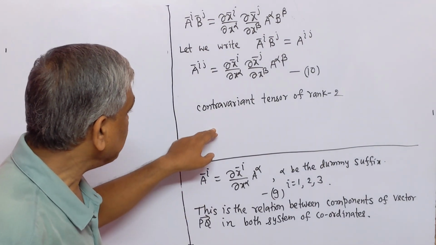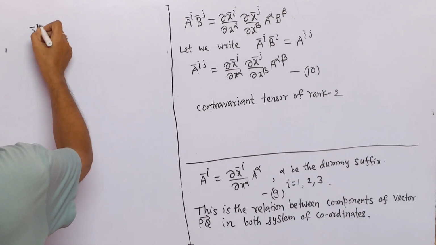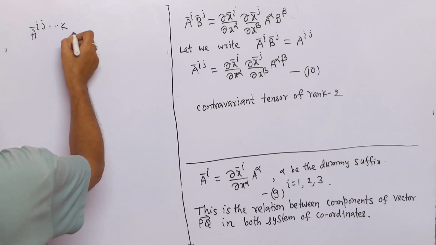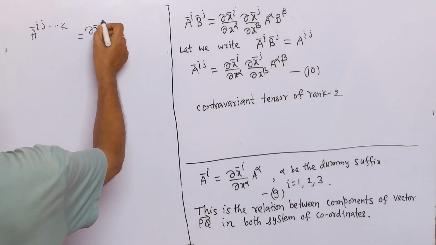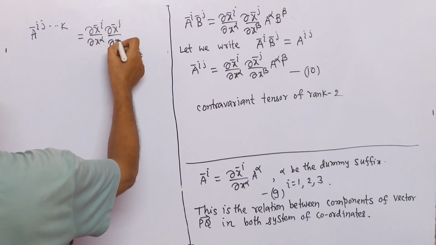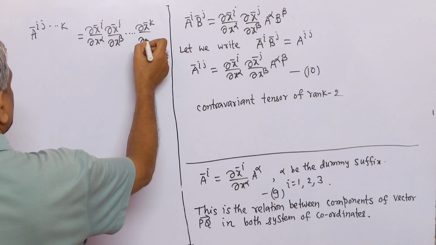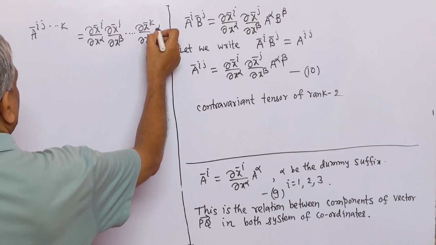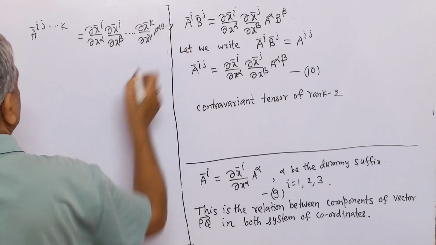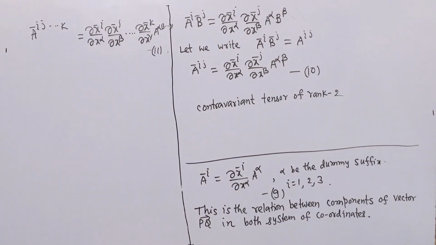We may write the contravariant tensor in generalized form as A bar ij...k equal to del x bar i by del x alpha, del x bar j by del x beta, ..., del x bar k by del x gamma, A alpha beta ... gamma. This is number 11. Here, this is the tensor law of transformation for a contravariant tensor.